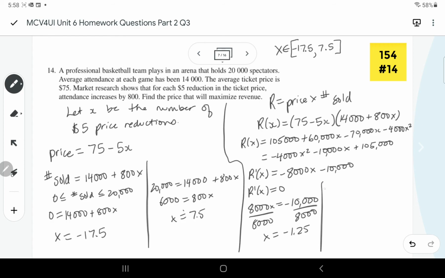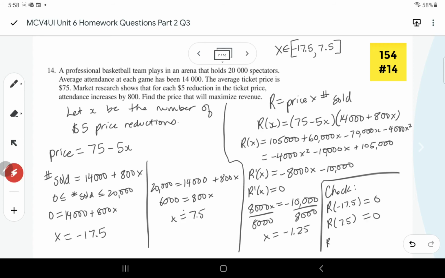So we would want to check what's the revenue at negative 17.5, what's the revenue at 7.5. Pardon me, that one is going to be 0. So this would be if you sell 0 tickets. That's going to be a 0 for sure. This one we don't know. This I do have to calculate.